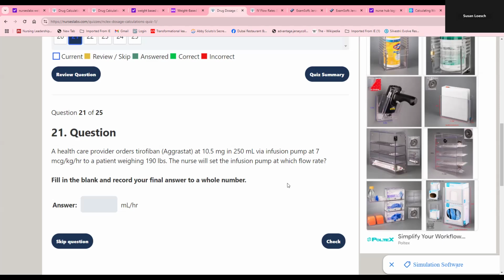Because some people may be a little confused how you got 14 here. What's the difference between this question and the one we just did? That one is giving the order first and then going into the conversion. Your desired dose here is the difference. It's in micrograms per hour, not per minute.